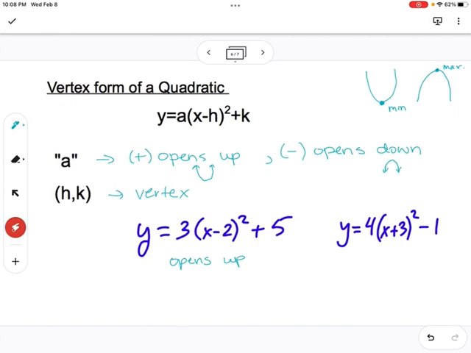So like in the original, we have a negative here, a negative here. So that makes our vertex 2 with our h, and our k, our number on the end, is 5. So our vertex is 2, 5.